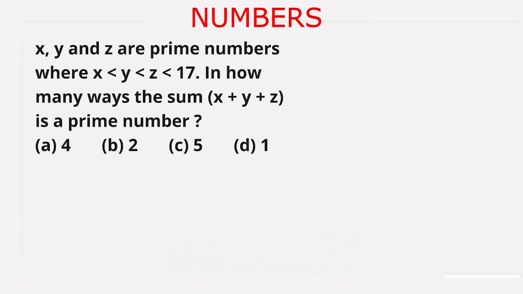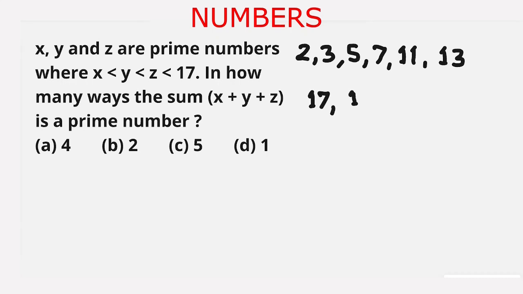First we list all those numbers which are prime and less than 17, and those numbers are 2, 3, 5, 7, 11 and 13. Now we list all those prime numbers which can be the sum of any three of these numbers: 17, 19, 23, 29 and 31.